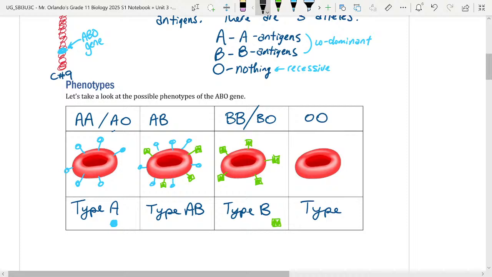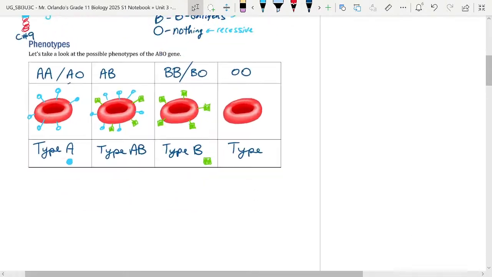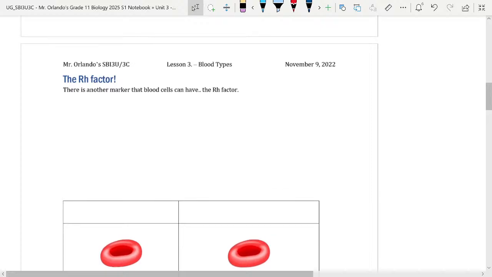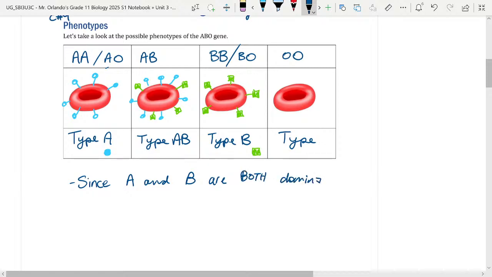Bubkiss. We don't need to write this much, but we'll just say, since A and B are both dominant, there are 4 possible phenotypes.